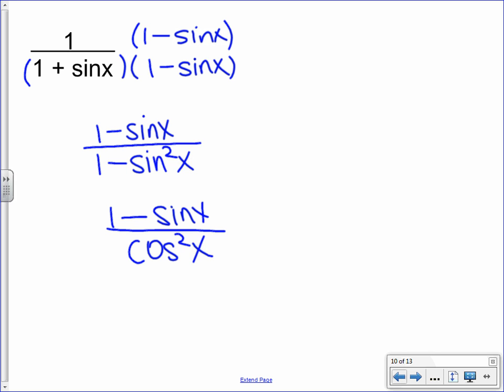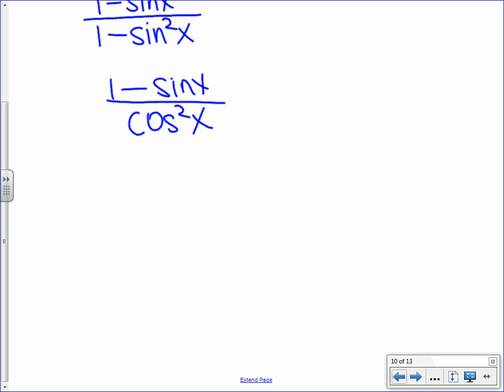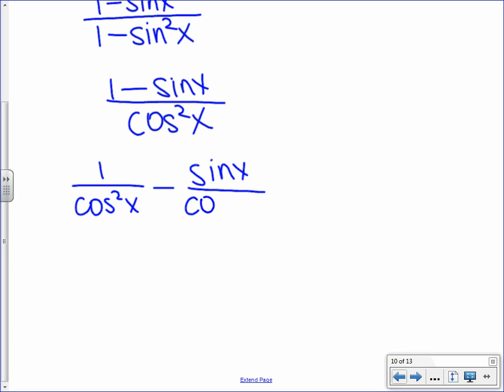Okay, I feel like we can maybe do something with this. We have the power to split fractions if we have subtraction or addition in the numerator. What's 1 over cosine squared? Thank you.